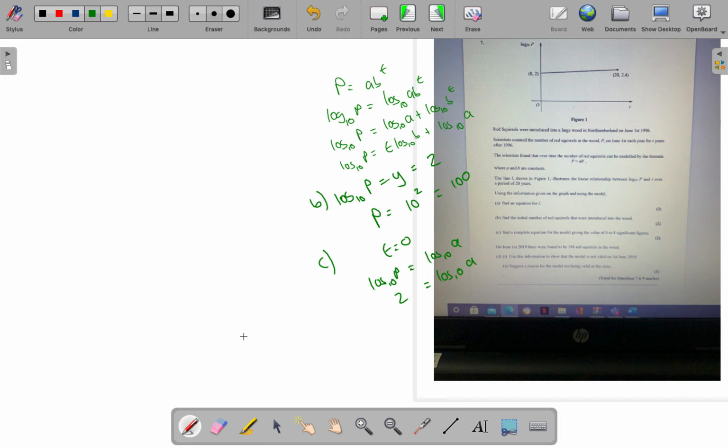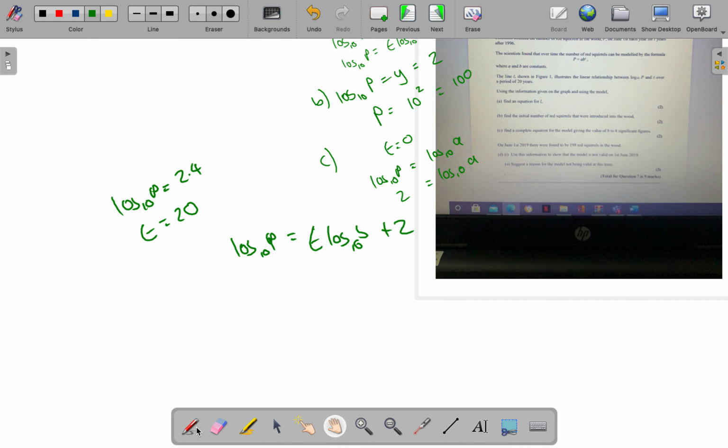For this one, we're going to use our equation and interpret some values. So log base 10 p is equal to t log base 10 b plus 2. Now we can replace log base 10 a with 2, and then we're going to use that log base 10 p is equal to 2.4 and t is equal to 20.